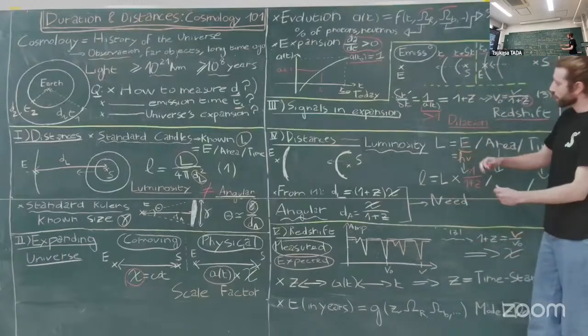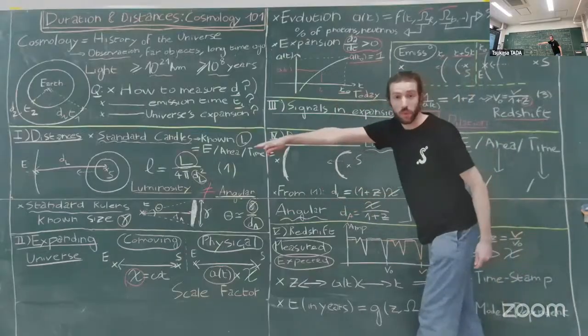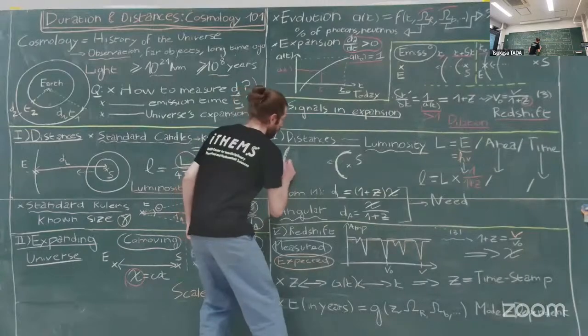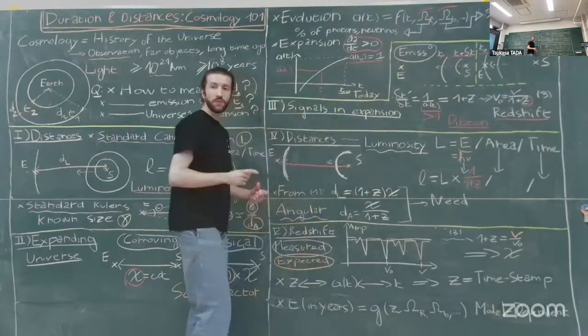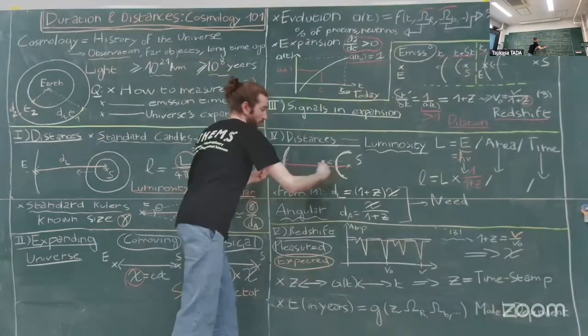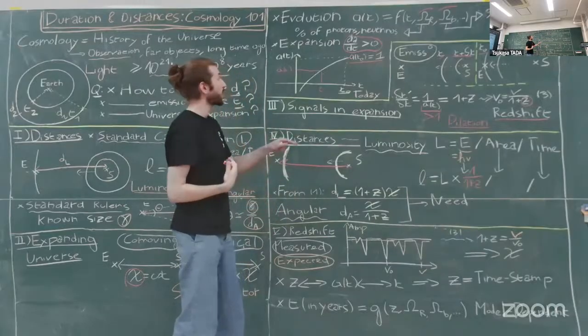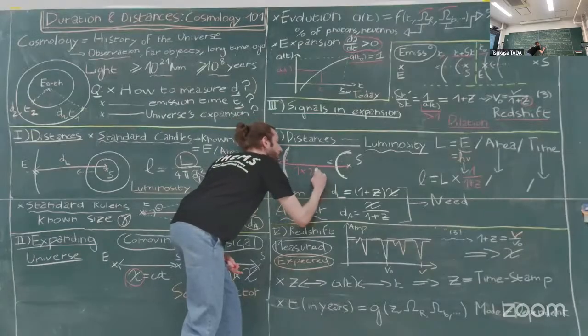So the energy is decreased, but in addition, the energy is spreading out, just as it did before. It's spreading out over an increasingly larger area, and when it reaches Earth here, it's going to be spread over a physical distance. The radius of the sphere in physical distance is going to be the scale factor at arrival, so today 1, times the co-moving distance.